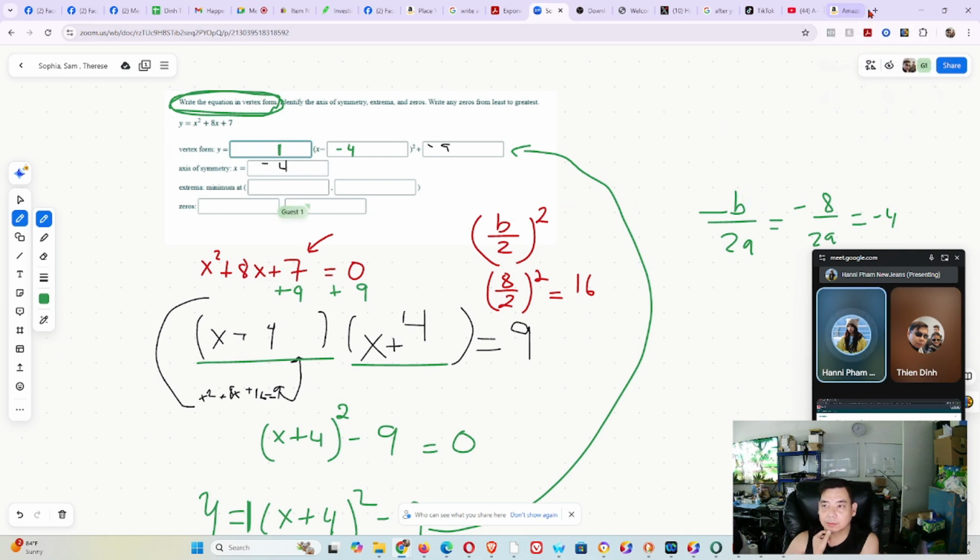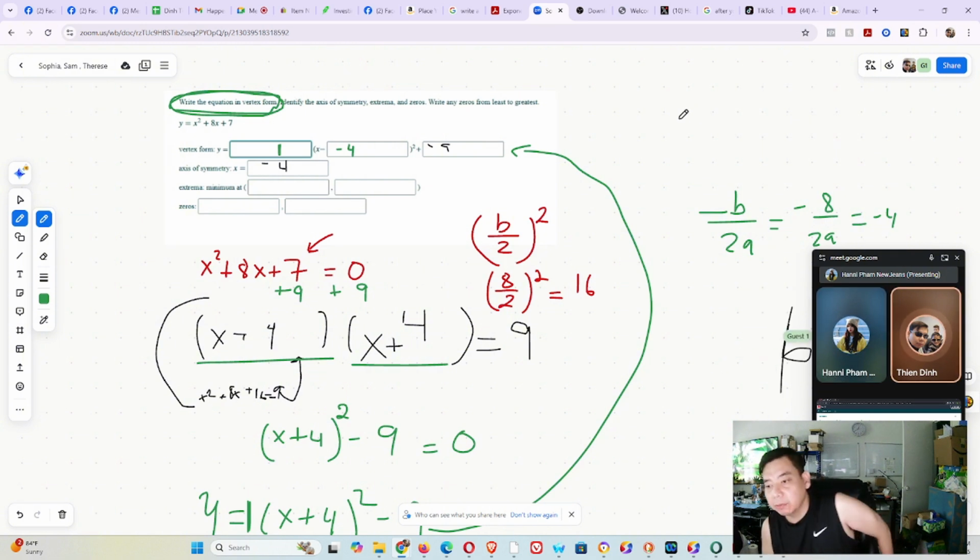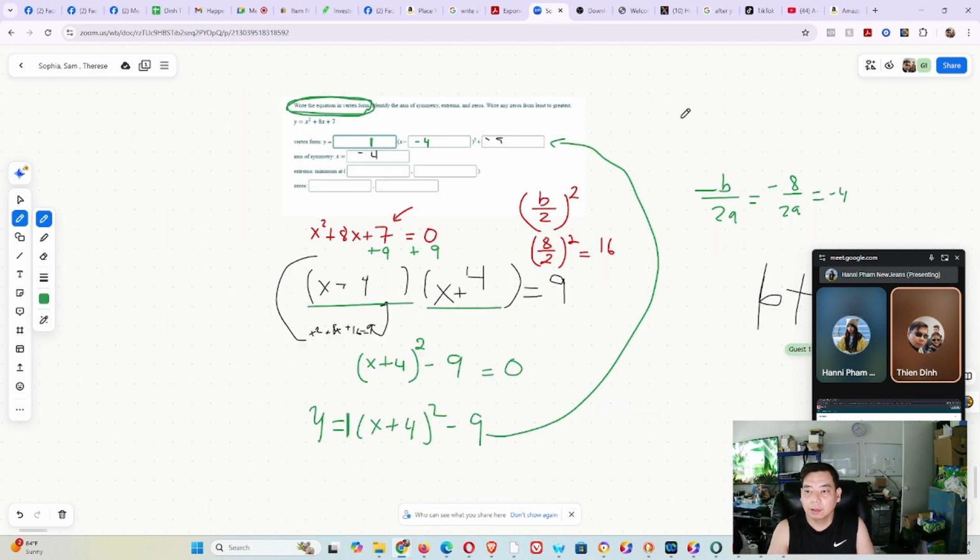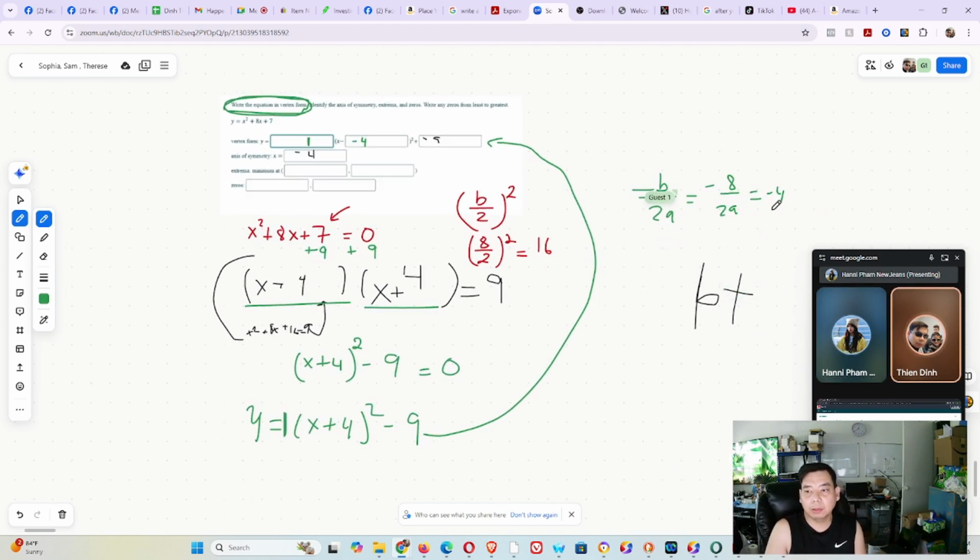Extreme minimum at the blank. So your extrema, which is your vertex: negative b over 2a gives you the x value of the vertex, which is the x value of your extrema.